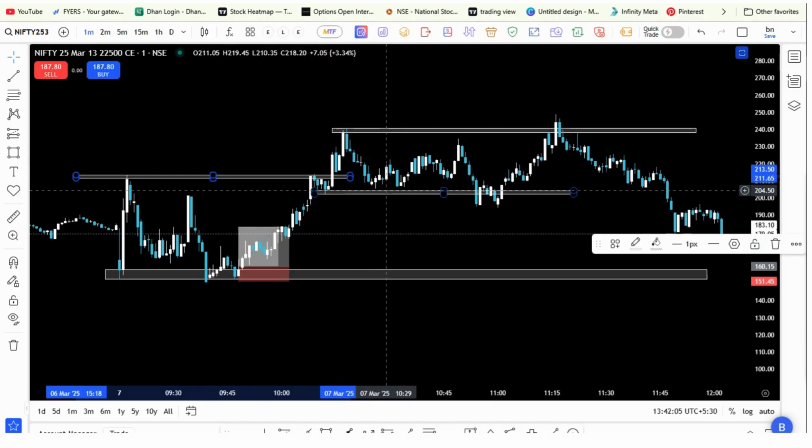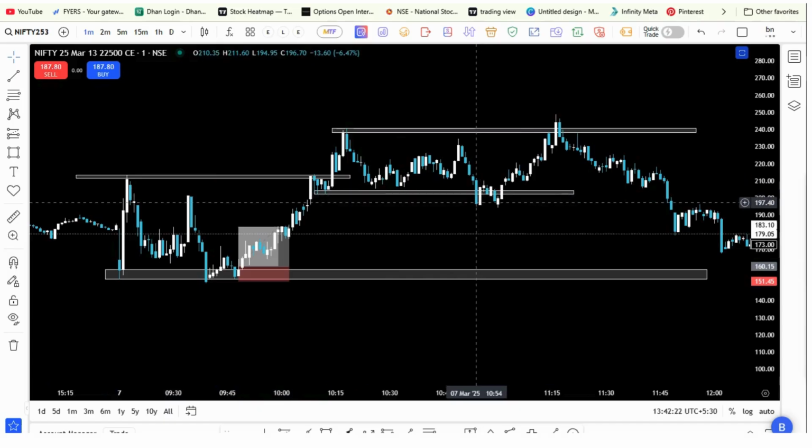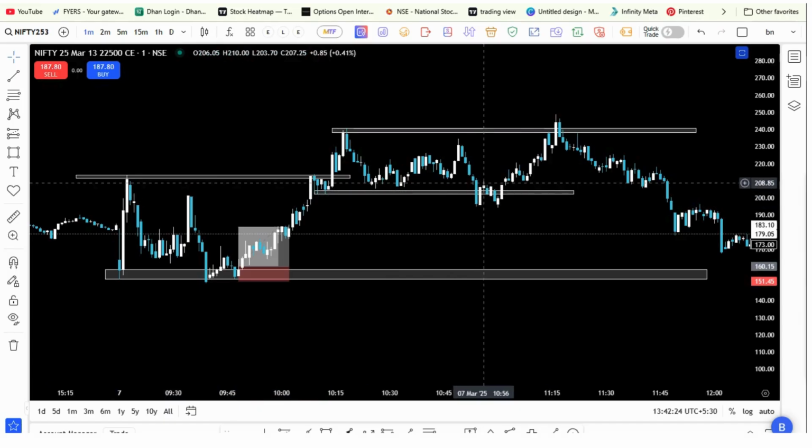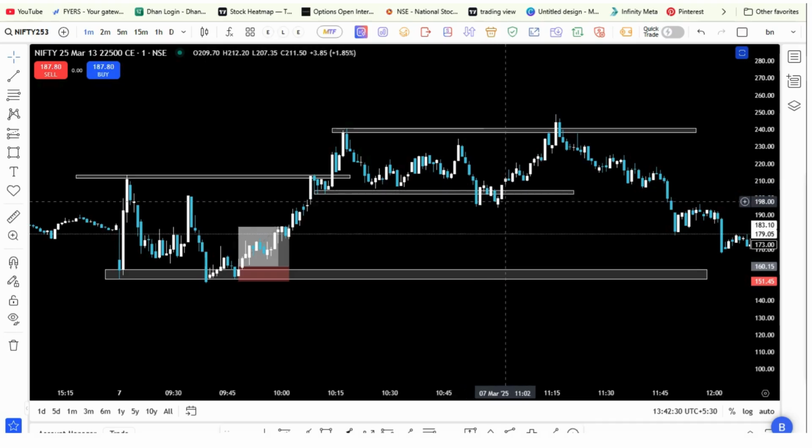Here it did not make any seller pressure candle, so I did not consider this. And here the candle did not touch the support zone, so I did not consider this. Yes, here we can consider this, because here the seller candle came down and we got this one. But did it dominate the seller candle? No, it could not dominate the seller candle. So we should wait.